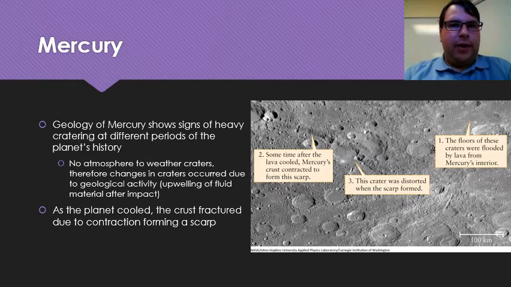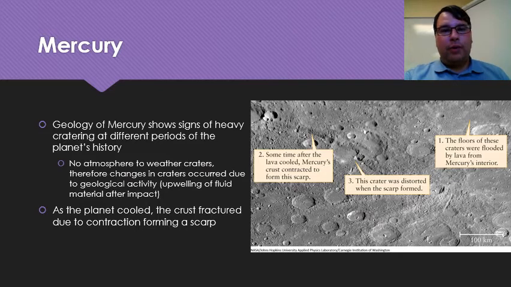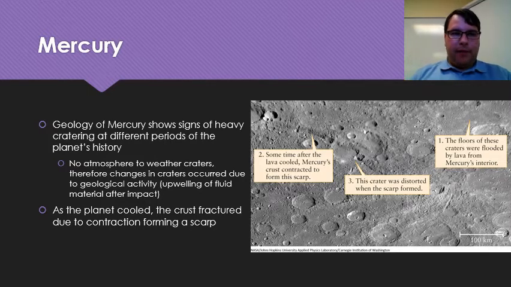Here's an easy way to kind of picture how scarps work, a little bit in reverse, if you will. If you take a piece of ice straight out of the freezer and you drop it into water, the first thing that's going to happen is it's going to see a temperature difference, moving out of a very cold, solidified, happy environment for the ice, all the way into water, which is much, much warmer.